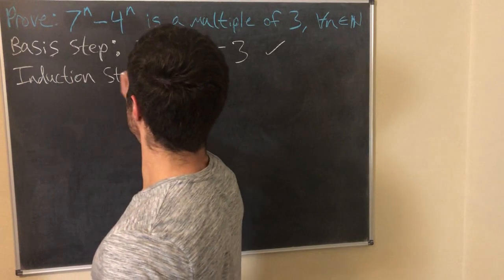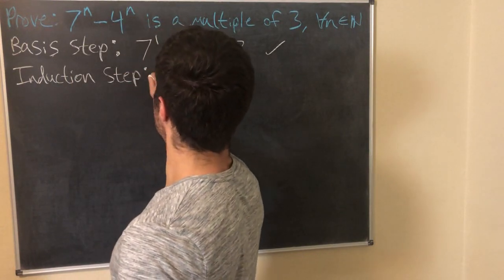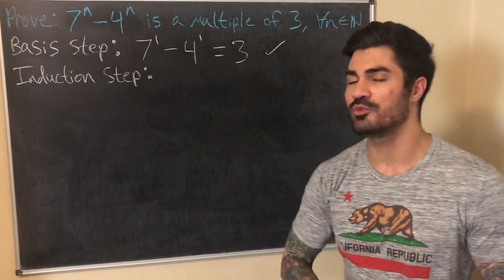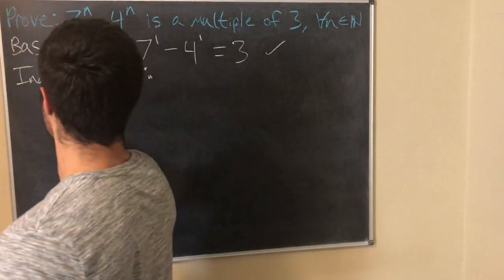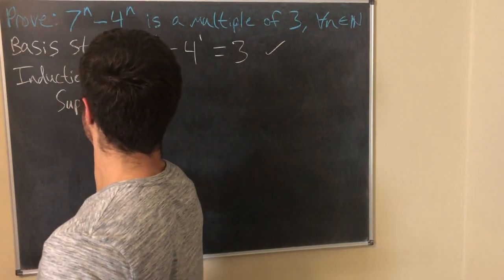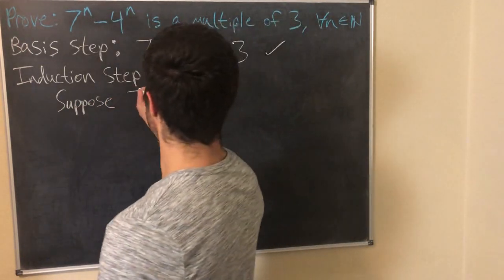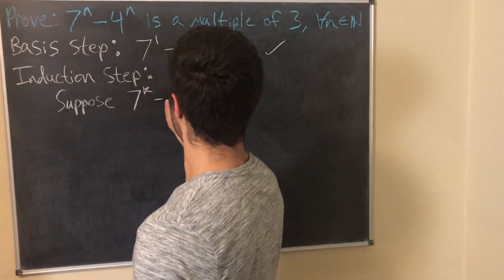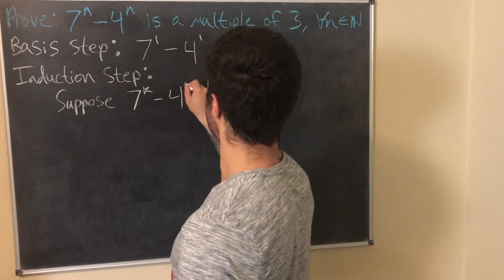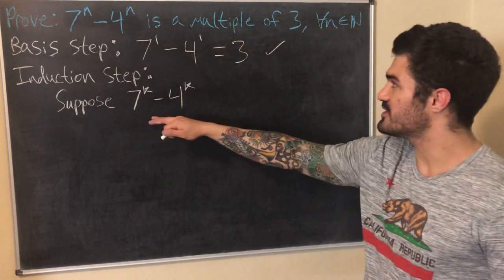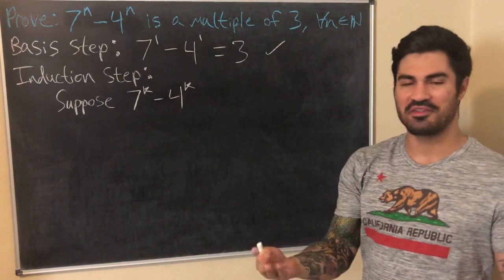Okay, so in the induction step, we're going to assume that this statement is true when n equals k, where k is just some arbitrary natural number. So I'll write, suppose that 7 to the k minus 4 to the k. And how do I express this as a multiple of 3 mathematically?